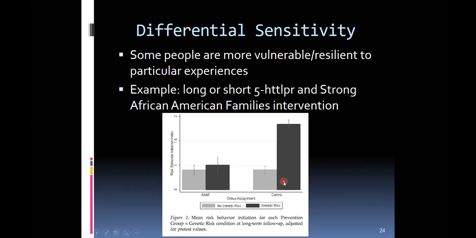And they then took a group of children who volunteered for this experiment, and they checked to see which form of the gene they had. And you notice that the boxes here in dark were the children, teens who actually had greater genetic risk. They had the short version of that 5-HTTLPR gene.